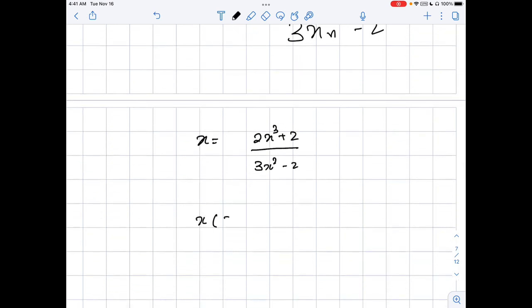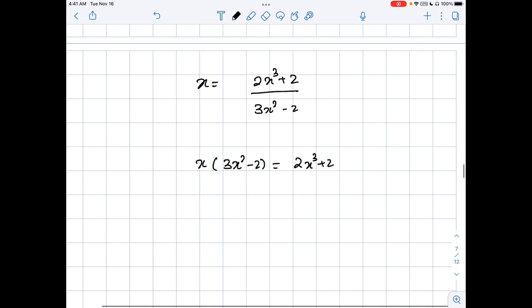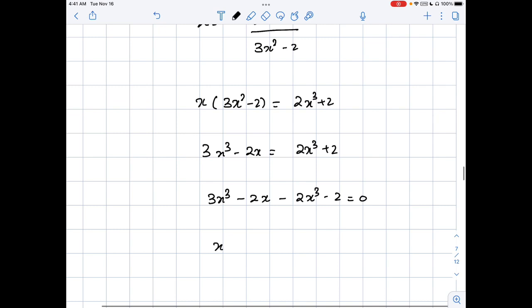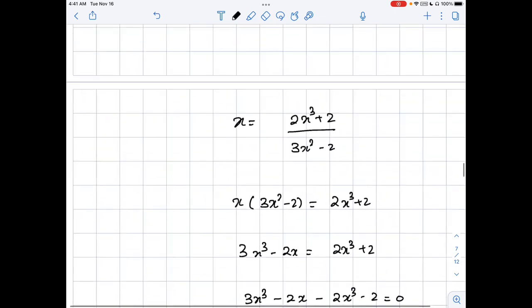It becomes x times 3x square minus 2 is equal to 2x cube plus 2. So it becomes 3x cube minus 2x is equal to 2x cube plus 2. Bring all the terms on one side: 3x cube minus 2x minus 2x cube minus 2 is equal to 0. So it becomes x cube minus 2x minus 2 is equal to 0, which is our main equation.